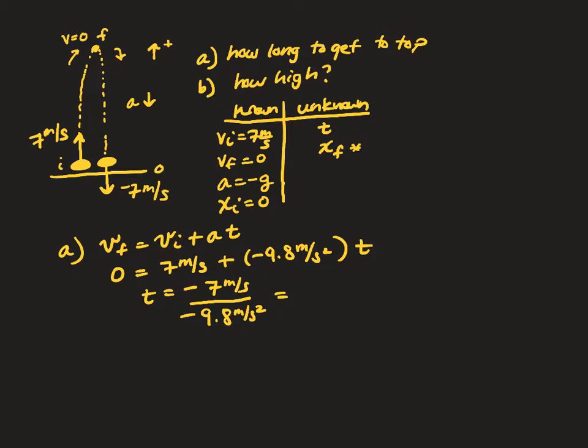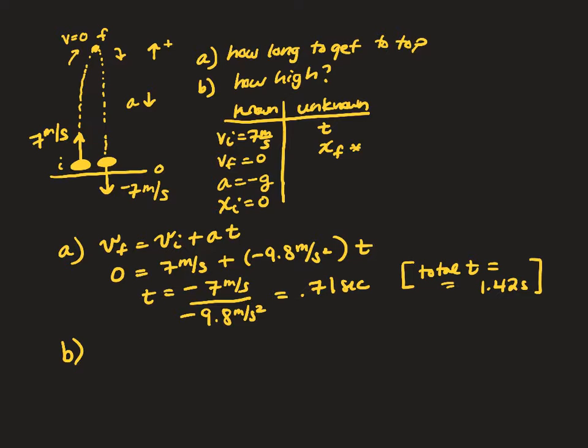I get about 0.71 seconds to get to the top, which means, incidentally, the total time is going to be 1.42 seconds for the whole trip because it's starting and ending at the same height. Again, that wouldn't be true if the initial and final heights weren't the same, but it's worth noting.